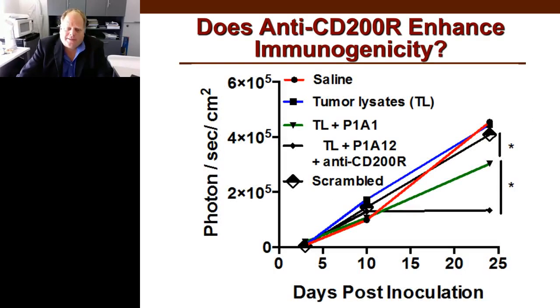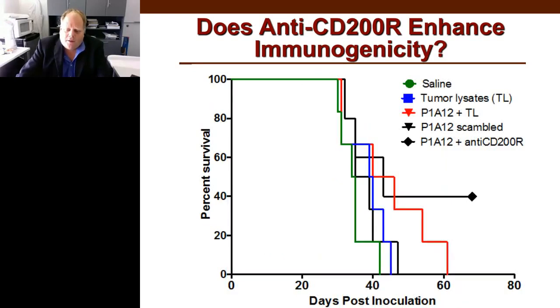And interestingly, what we saw is when we added the receptor with our antagonist, we actually got significant inhibition of tumor growth in that population. Moreover, by combining them, we could see that we had a significant enhancement in survival.